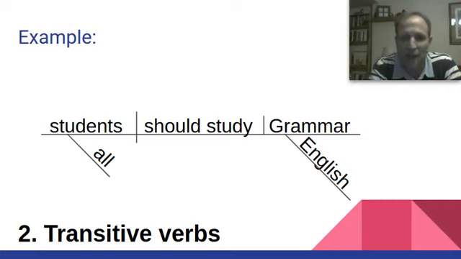So we've got all students. Notice it comes down in a horizontal or a diagonal line off students. Technically, it's not actually labeled what kind of word this is, but because I know this diagramming system, I immediately recognize that to be some sort of determiner.